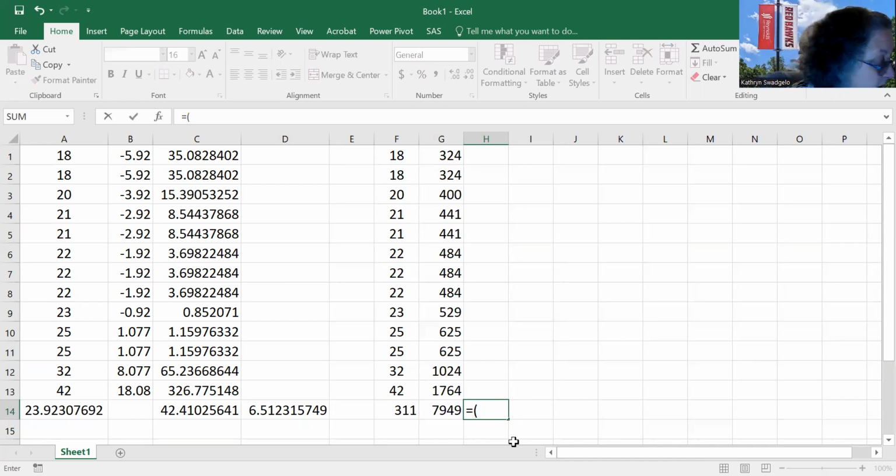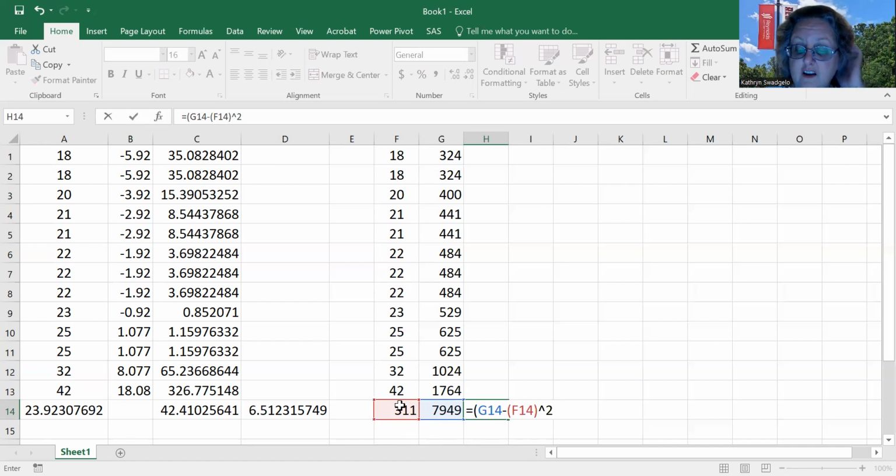So what is the sum of the x squareds? That's this number right here, so I'm not going to type it. I'm just going to click into the cell, minus, and we'll put another parenthesis, because this is the sum of the x's. And I want to square that. So I'm going to use the caret, square that. So that's the sum of the x squareds minus now the sum of the x's, which gets squared, and then divided by the sample size, which is 13.